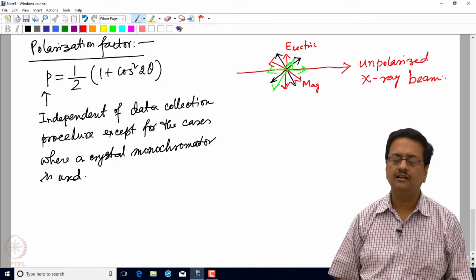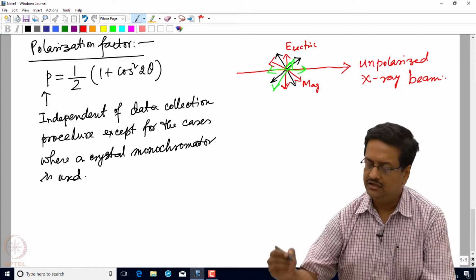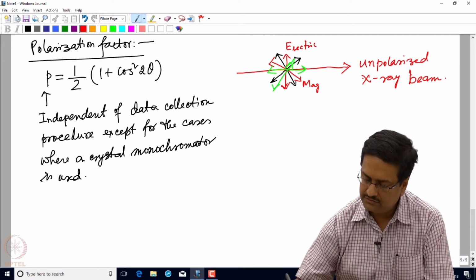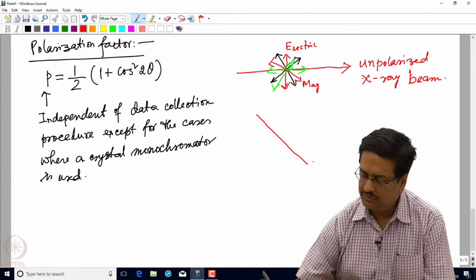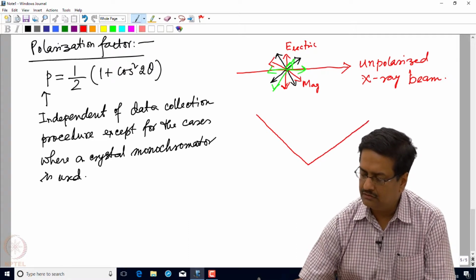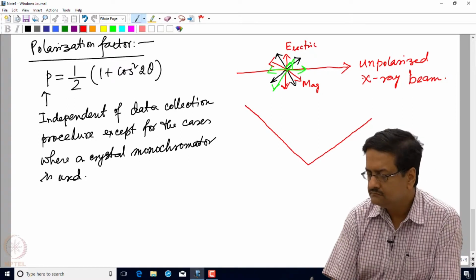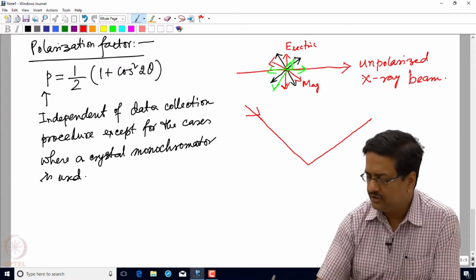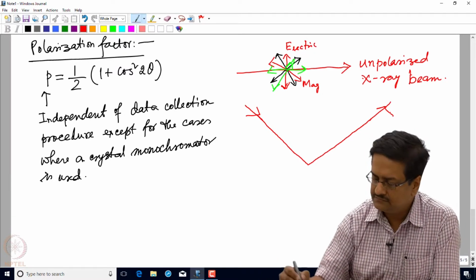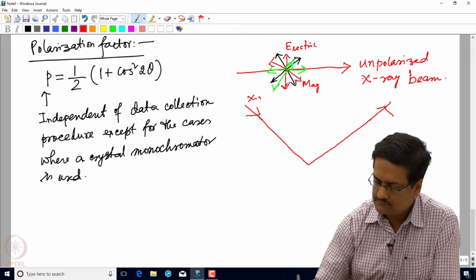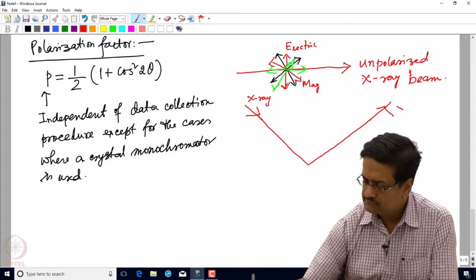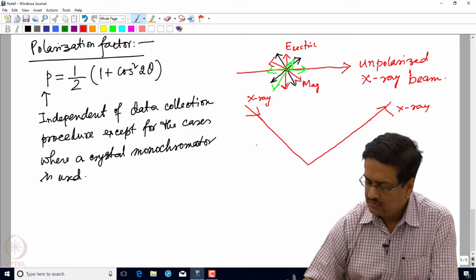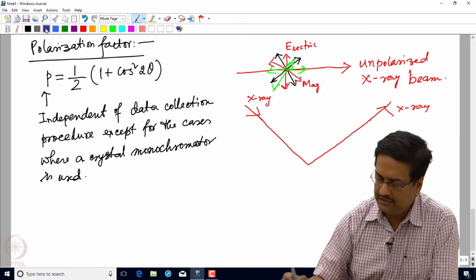But then when this unpolarized X-ray beam is made to interact with a plane in a crystal, the unpolarized beam falls and gets reflected from a plane in a crystal.